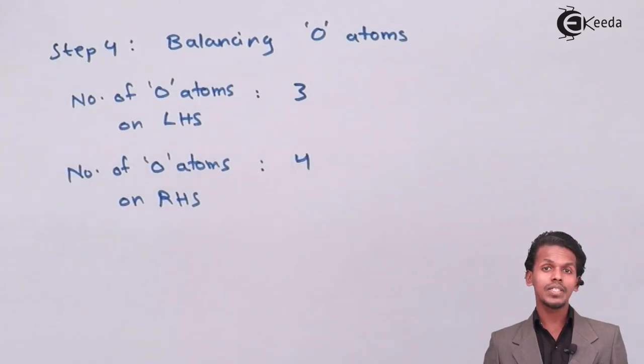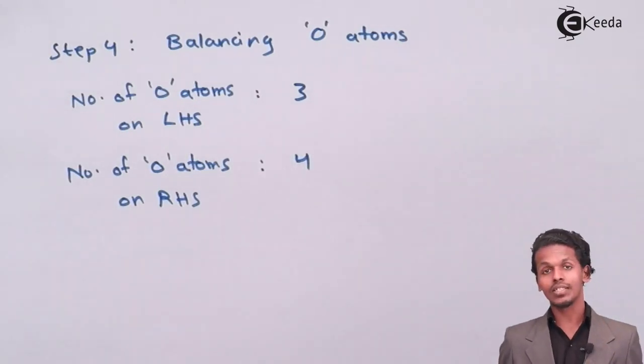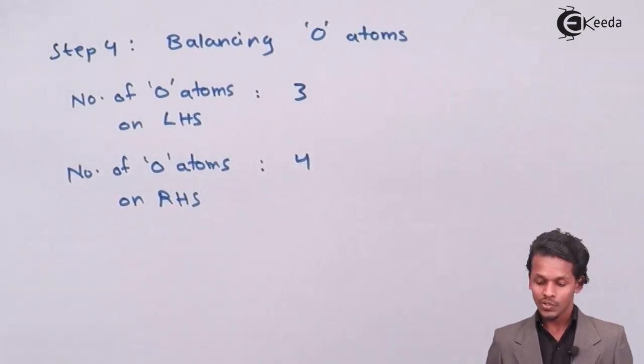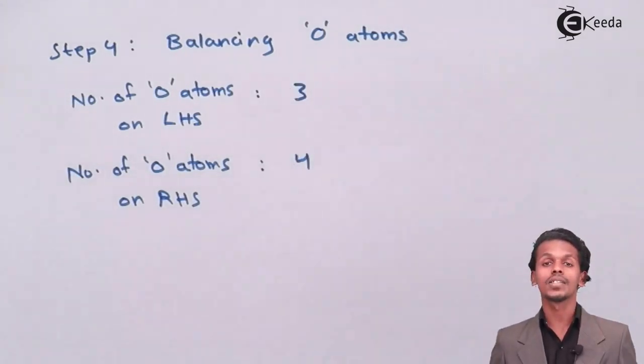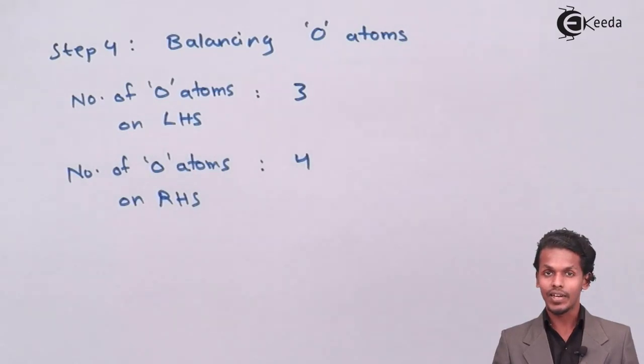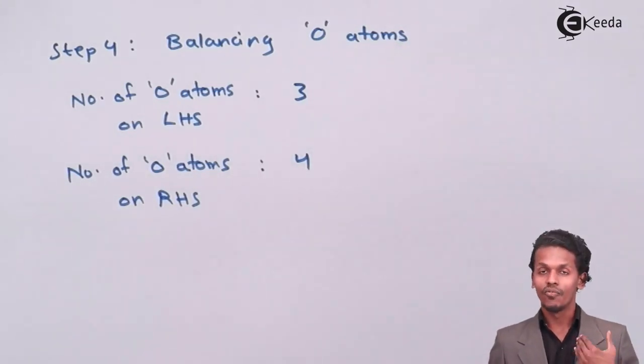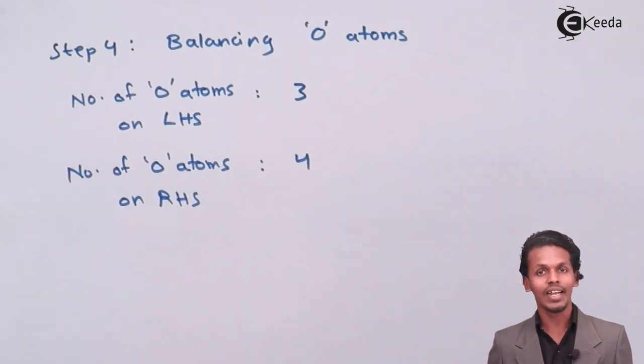So the thing that we are going to do is find where the deficiency is and of how much. The deficiency is on the left hand side, that is, one oxygen atom is less on the reactant side. So in this case we are going to add one H2O molecule on the left hand side.